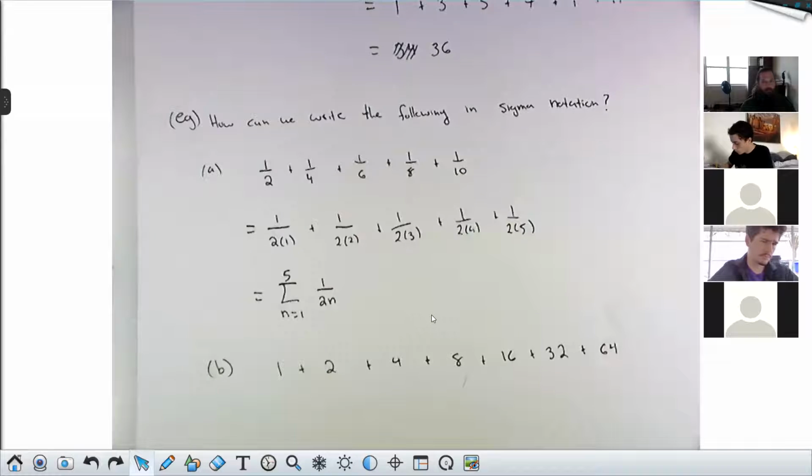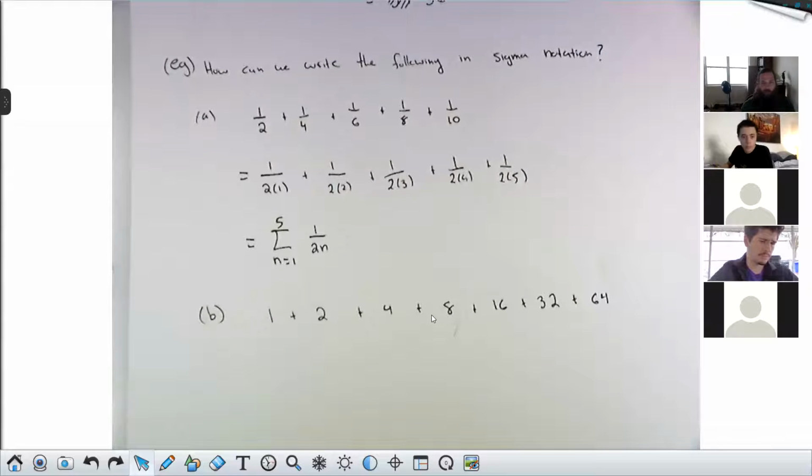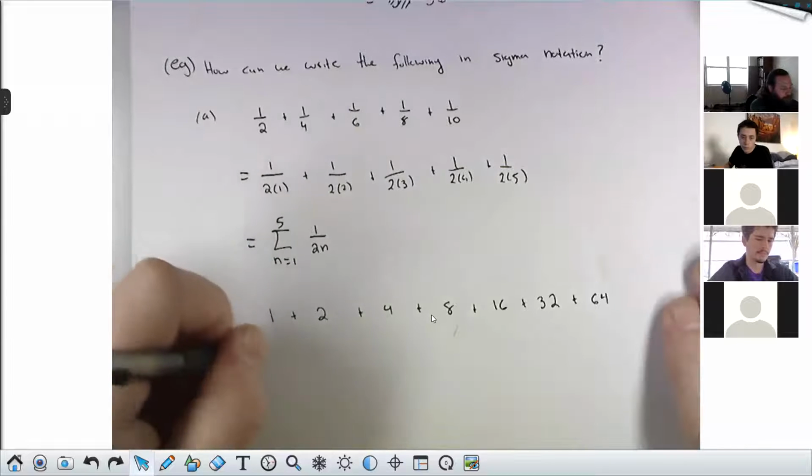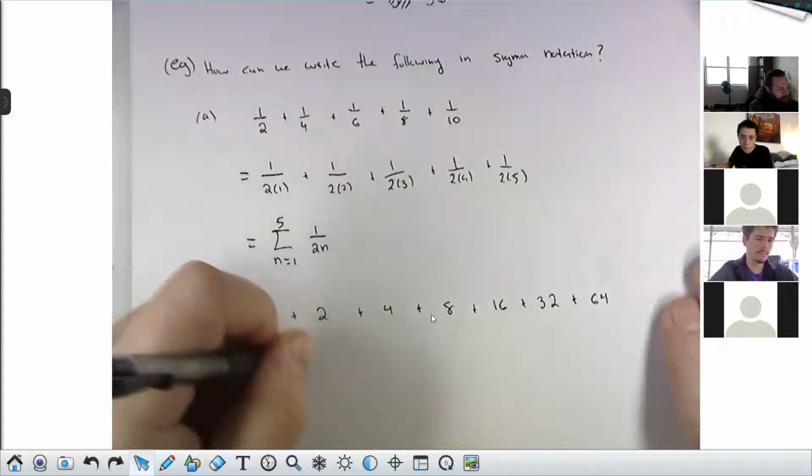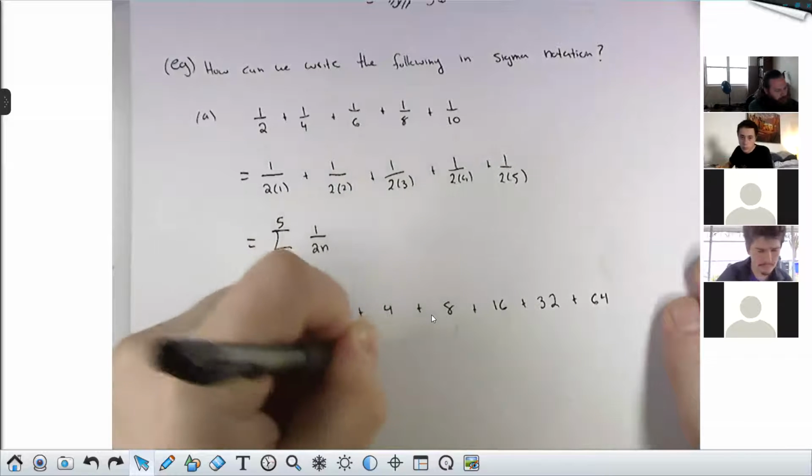What about this? Powers of 2. So it's 2 to the 0, 2 to the 1, 2 to the 2.